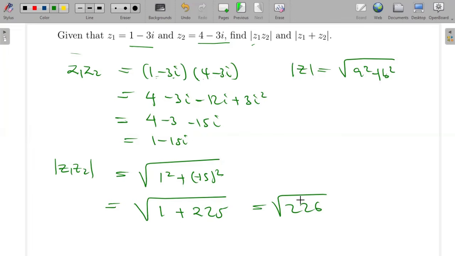Can I write it in any simpler form? 226 divided by 4, okay, 226. So 226 divided by 16, and see if I can get a perfect square from there. 226 divided by 6.